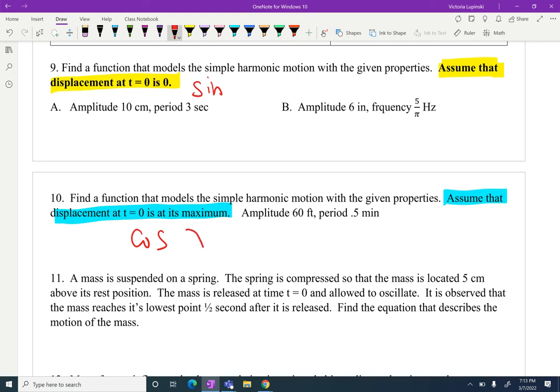And in fact, that's how you know that it's a positive cosine, because you're starting at the maximum, which implies that it would only get smaller from there. In the next one, when they tell you that the spring is compressed, so it's 5 centimeters above the rest position, again, that is how you know that this is a cosine. The only way that it can be a sine is if it's at rest, if it's at 0, 0.